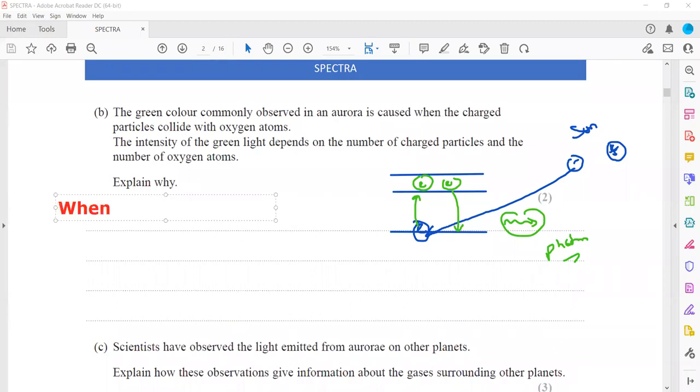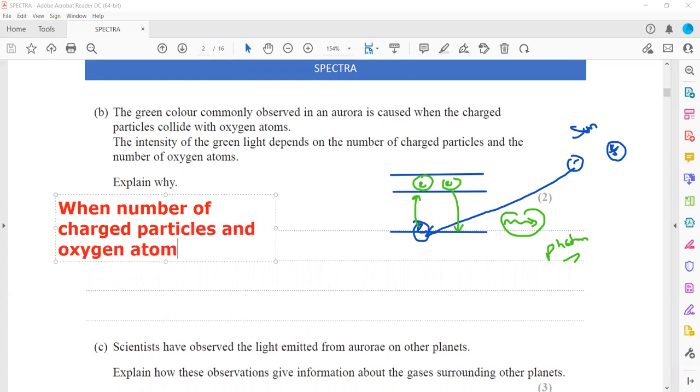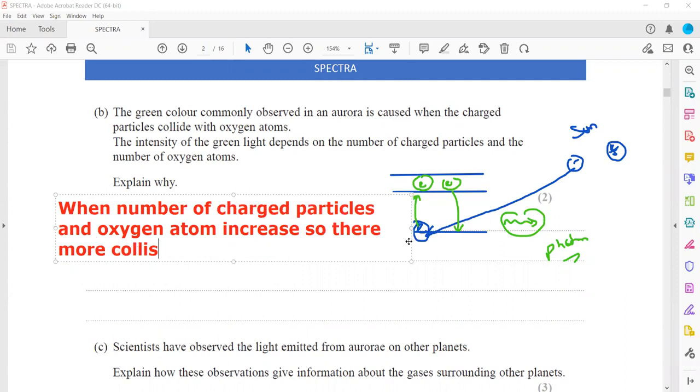So the answer here: when the number of charged particles and oxygen atoms increases, there are more collisions. You can write "excite the atom" or "excite the electron"; both have the same meaning.